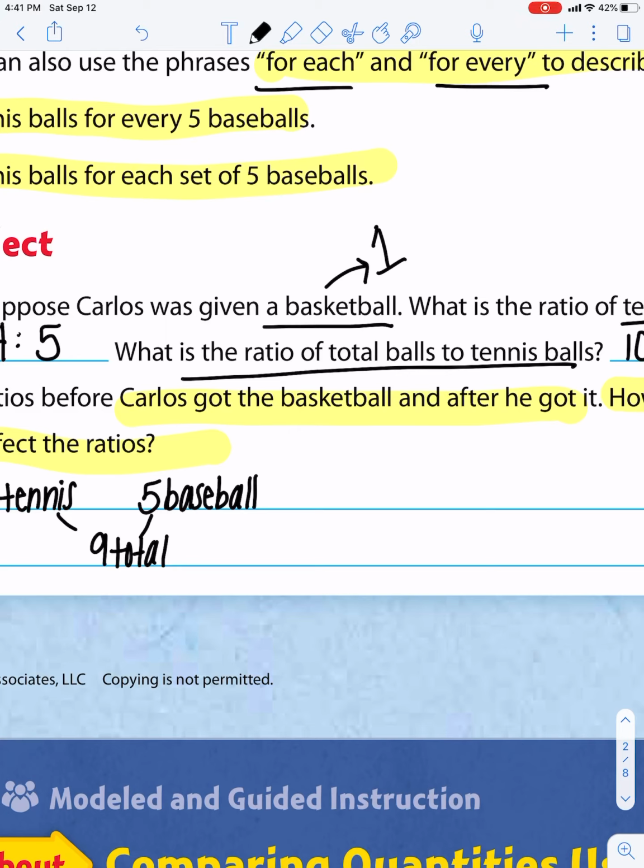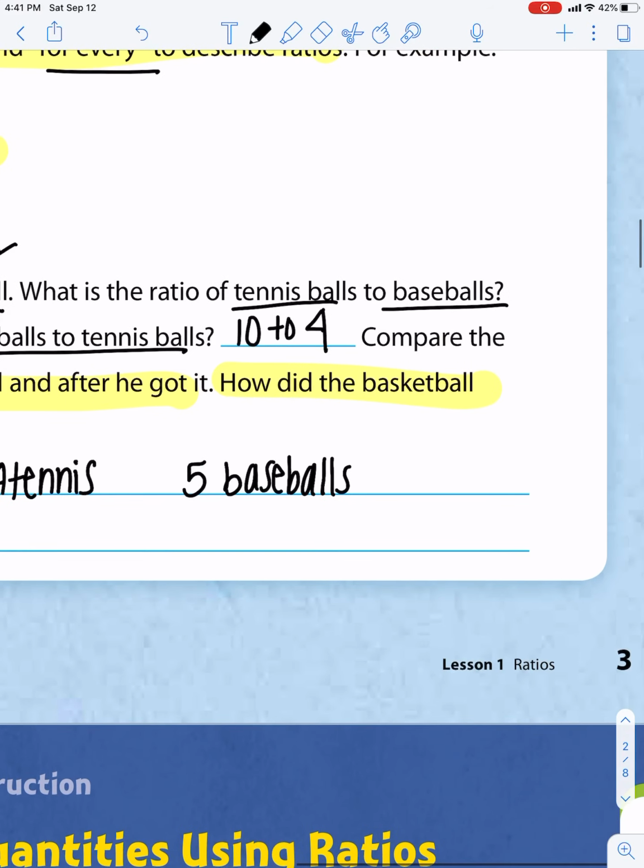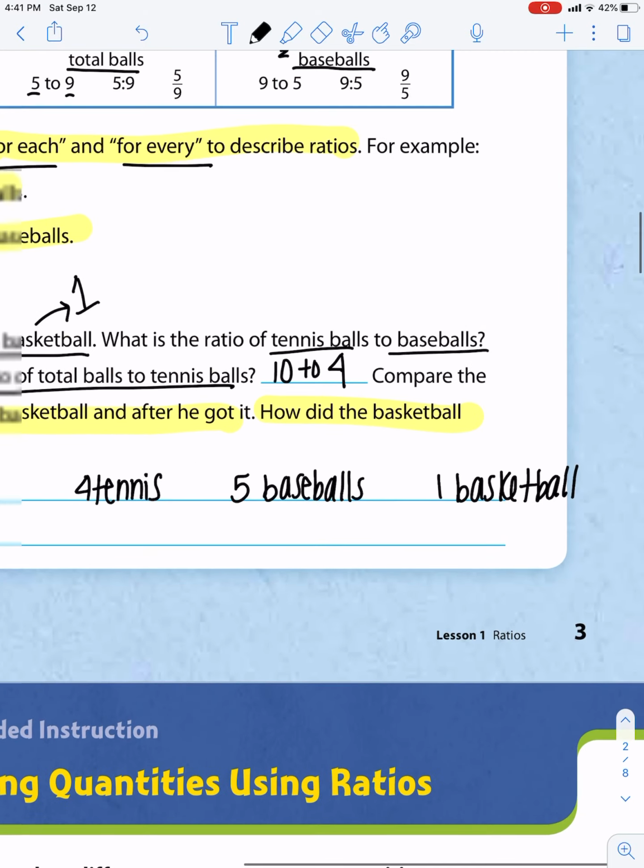So if we add the 4 tennis balls, the 5 baseballs, and now that 1 basketball, that brings our total to 10 total balls.